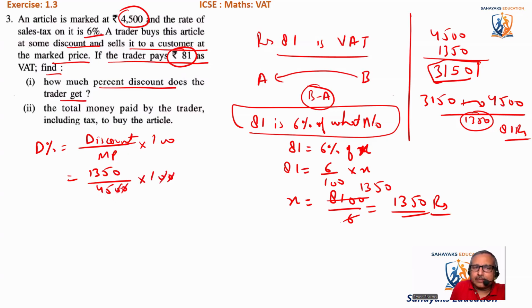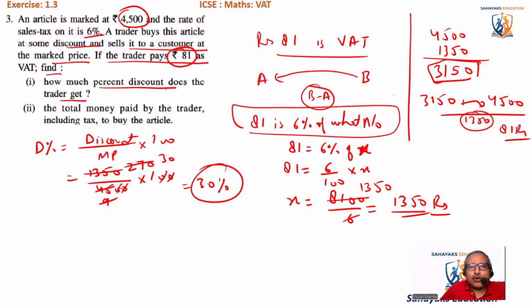If we cancel it out, 5 9s are 45, 5 2s are 10, 5 7s are 35, 270, and 9 3s are 27. So he actually got a discount of 30%.